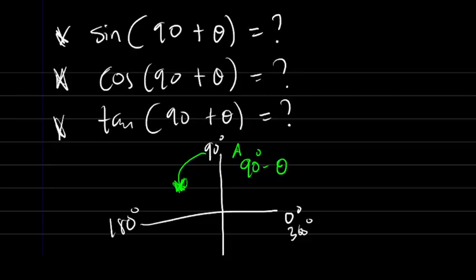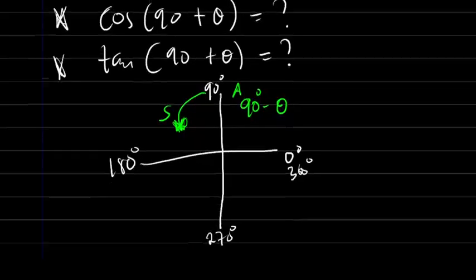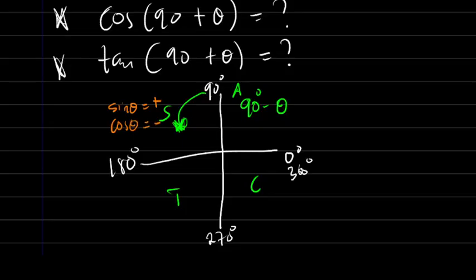We said all students take Coke. Sine theta is positive here. Cos theta is negative here. And tan theta is negative here.